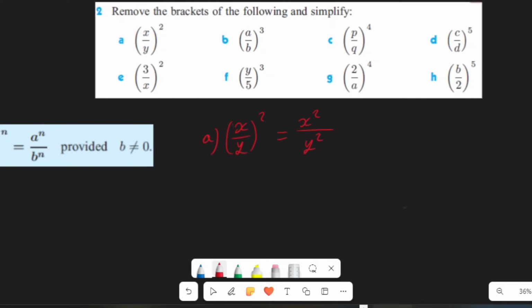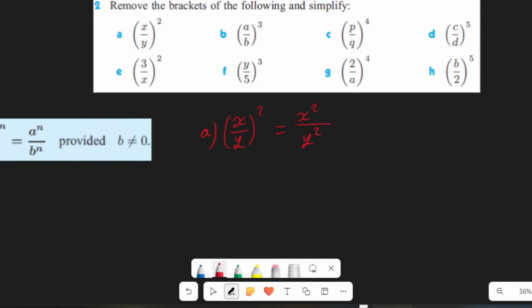Another example is G, where we have 2 over a all power 4. That's the same as 2 to the power 4 over a power 4. And that gives us 16 over a power 4.